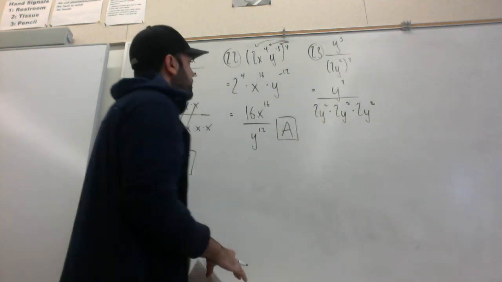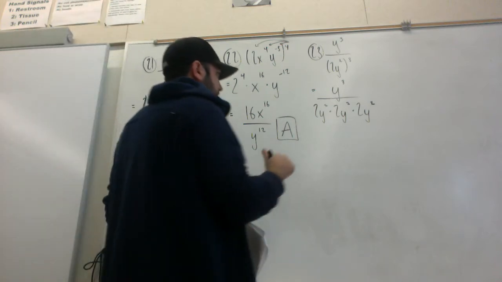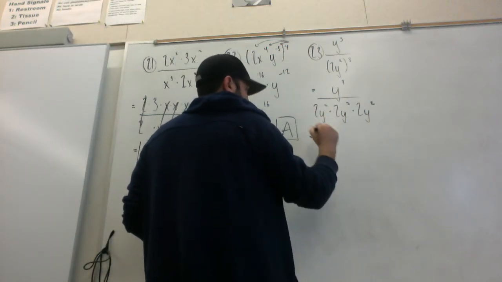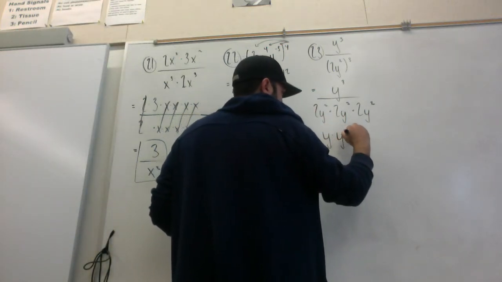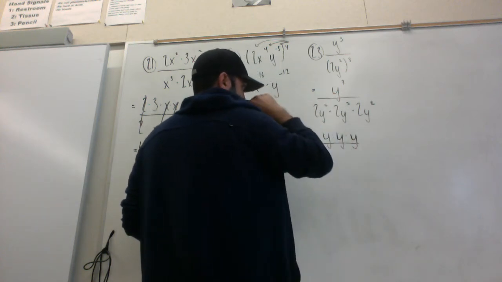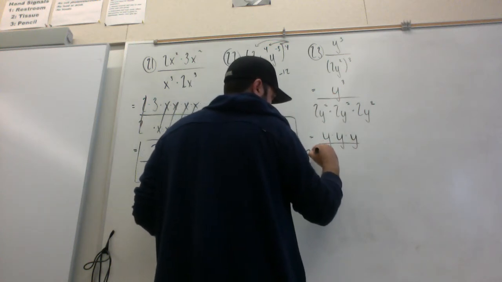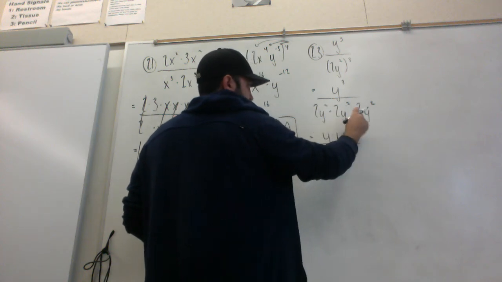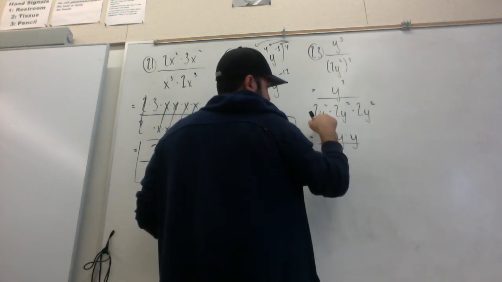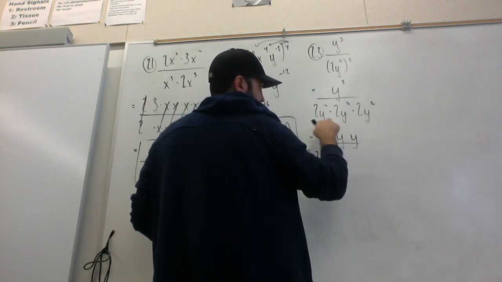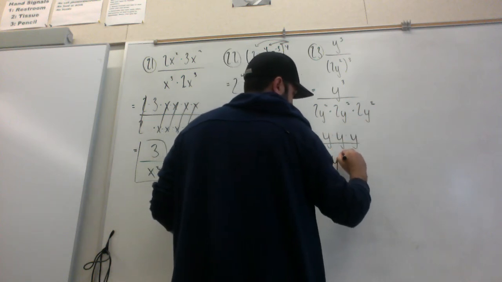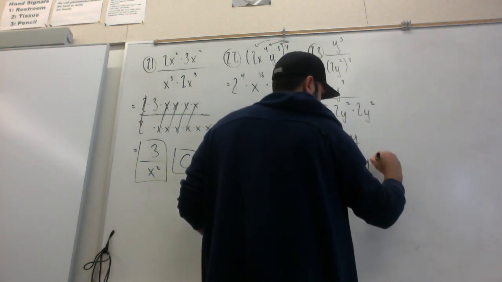Kind of like I did over here, I'm going to completely decompose the top and the bottom. So I'm going to do y times y times y in the top. That's my y to the third. I'm going to put my 3 2's, 2 times 2 times 2, in the front. And then I've got 2 y's, 2 y's, and 2 y's. That's 2, 4, 6. 6 y's altogether in the denominator.